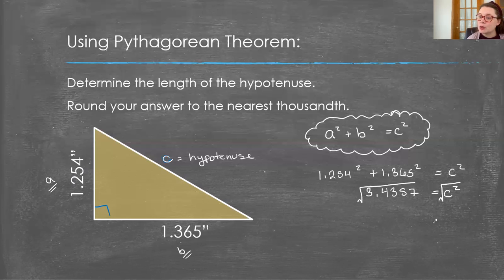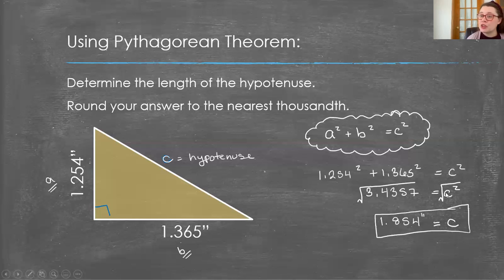When I take the square root of both sides, it undoes the square on the c. 3.4357, press shift and square root on your calculator, and you will find that it turns into 1.854 inches. So that gives you all of that information.